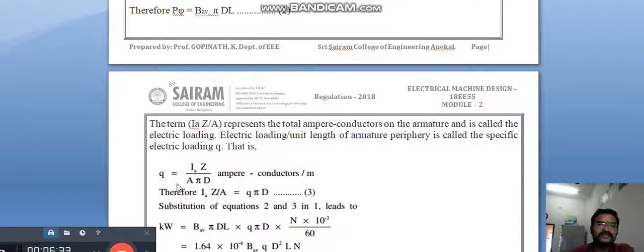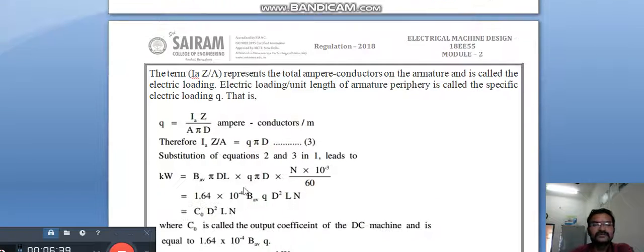Therefore, substitution of equations 2 and 3 in 1 leads to kW equal to B_av pi D L q pi D into n into 10 to the power of minus 3 by 60, or we can rewrite it as 1.64 into 10 to the power of minus 4 B_av q D square L n.